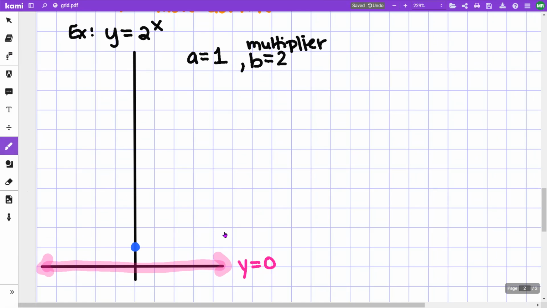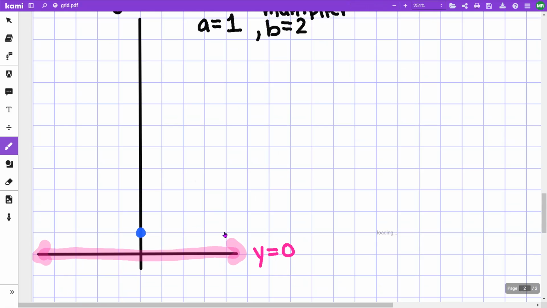So it's my y-intercept unless it gets shifted. That's why I erased it and didn't say y-intercept. Now, every time we are timesing by 2. So if I am literally here at 1, my next height, I'm going to double 1, and I'm going to be 2 above my asymptote.